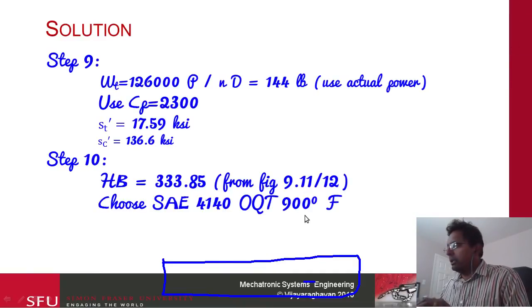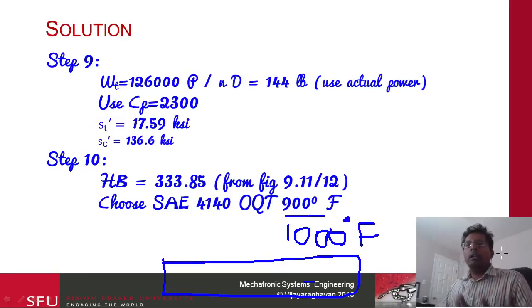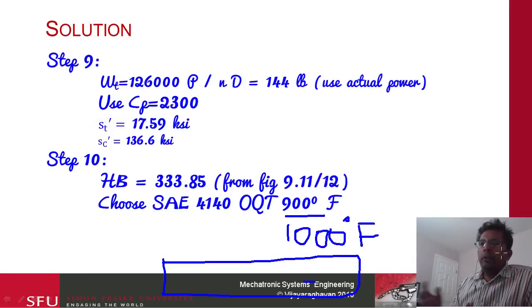So we can use either 900, or we are more comfortable using 1000. Both of them are acceptable based on the figures that we get.